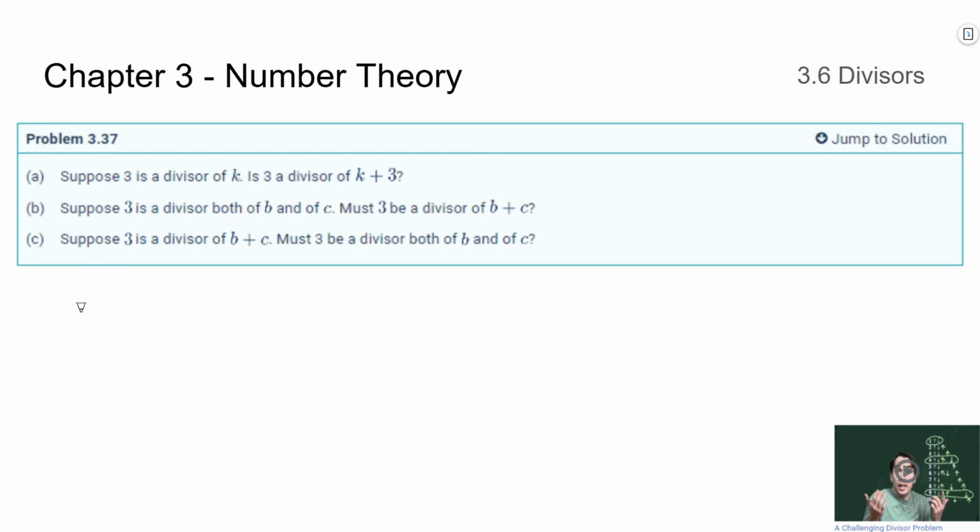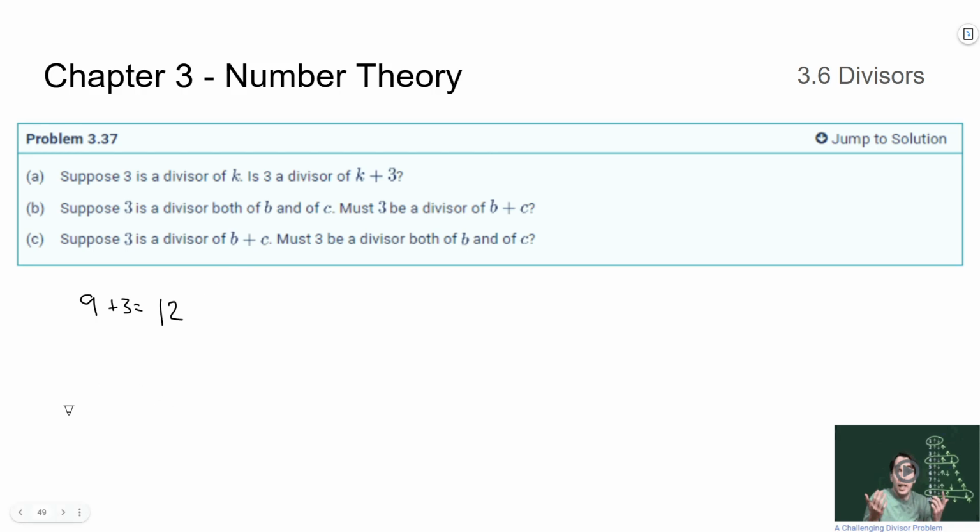So let's say k is 9. 3 would be a divisor of k, right? So then what if we do k plus 3? We would get 12, and 3 is still a divisor of 12. So that seems to check out.